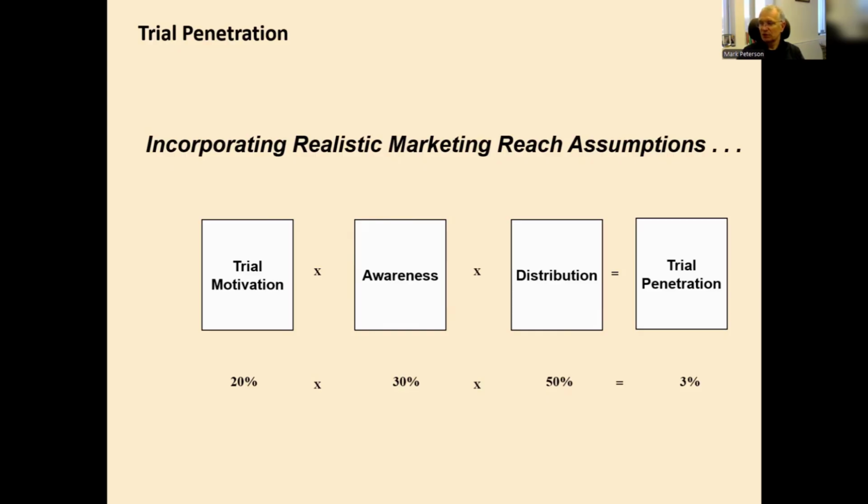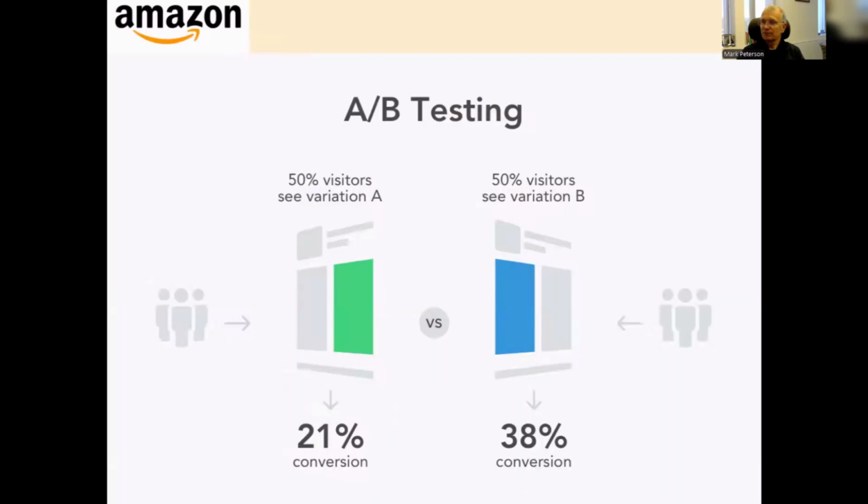And then the distribution that you had accomplished in that market, you multiply those together, and then you get an estimate of trial penetration. And 3% actually for a consumer packaged good brand, like a new version of a salty snack food, that's good. But management knows that you're not going to crush the current incumbent brand and drive them out of the market. You're going to start with something around 3%.